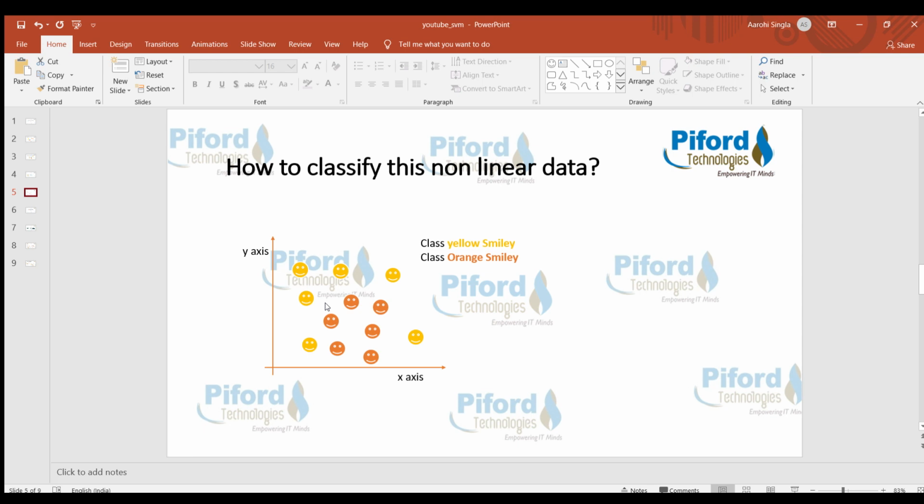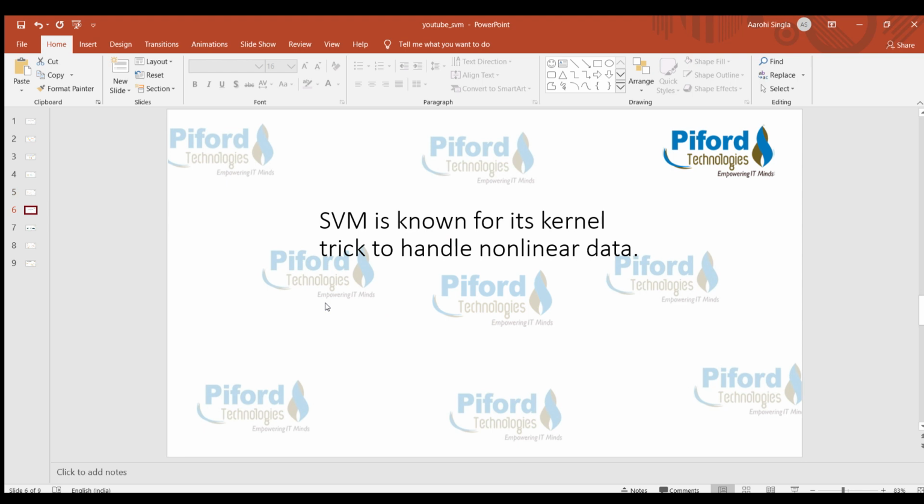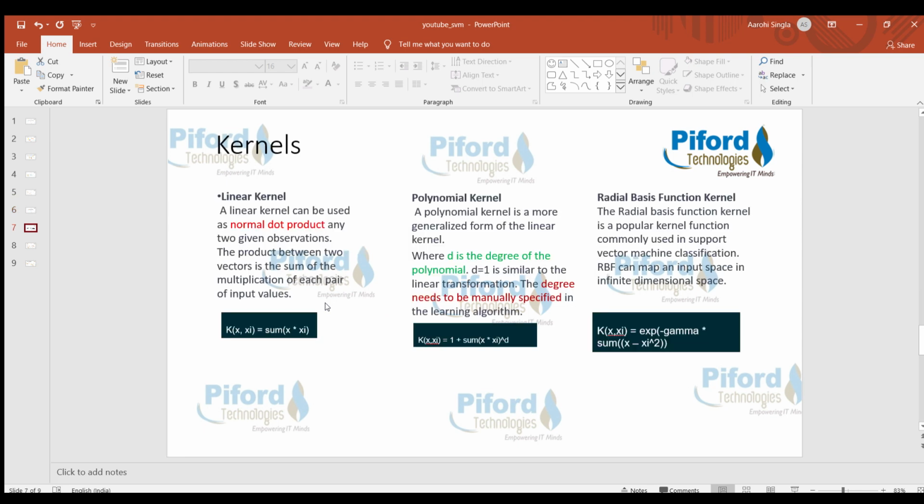So how does SVM handle this non-linear data? SVM has the kernel trick to handle non-linear data. So what are kernels basically? A kernel converts non-linear data into linear data, meaning it converts non-separable data into separable data.